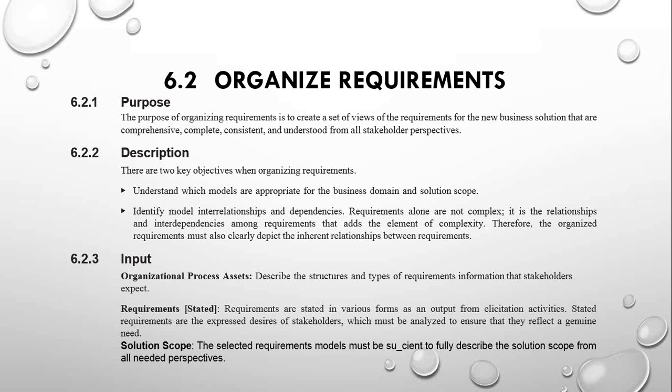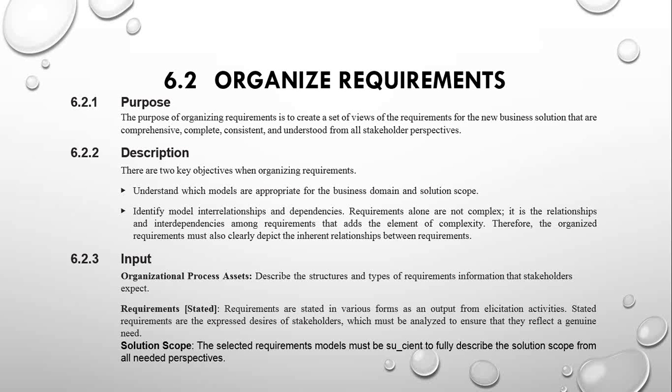Now, what is the description of it? From the description perspective, there are two key objectives that body of knowledge has given. When we organize the requirement, number one, understand which models are appropriate for the business domain and solution scope.